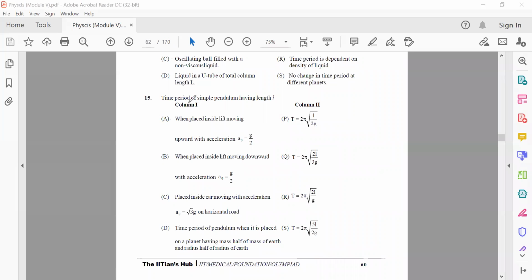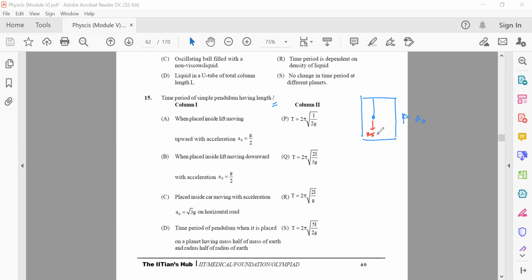So the time period of a simple pendulum having length L is 2 pi under root L by g. Now, when placed inside a lift moving upwards with an acceleration of g by 2: when you are inside a lift moving upwards with an acceleration of a naught, along with weight there's a pseudo force.